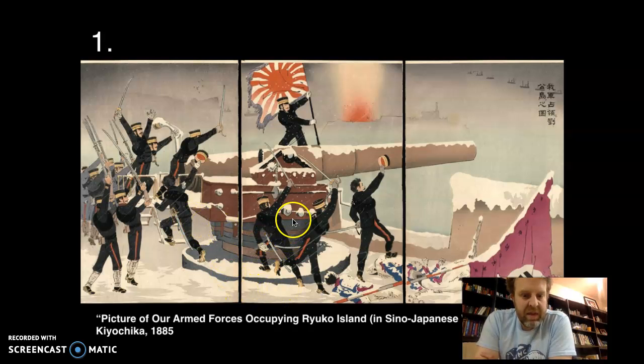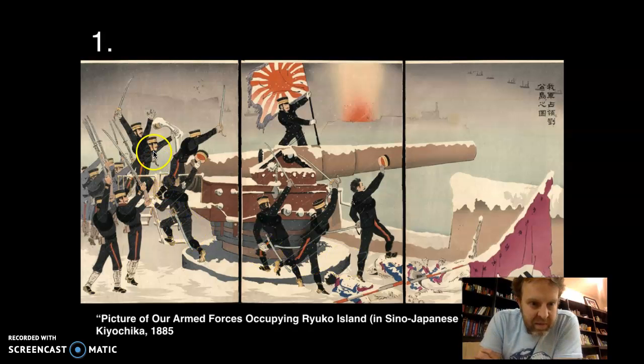I think in the uniforms that are being worn by the soldiers. Whenever you see uniforms, that's usually a good clue that they were taking those ideas of the Western military at the time. One of the things that Western European style militaries were doing more often was using uniforms. So that's evidence of westernization.